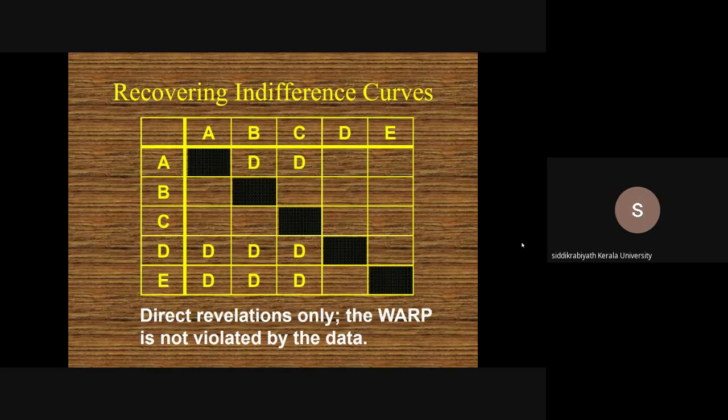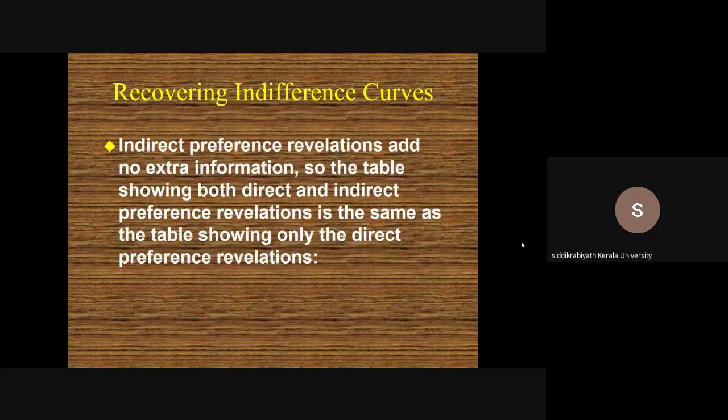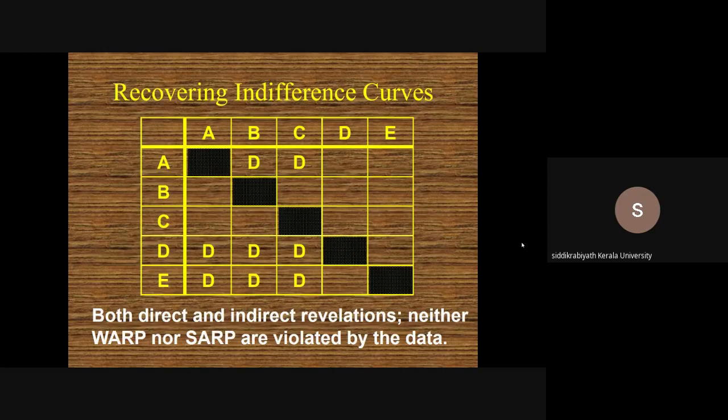That implies that, by direct revelation solely, WARP is not violated by the data. Now, our question is whether that is going to satisfy the indirect revelation also. Okay, so if the indirect preference revelations add no extra information, the table showing both direct and indirect preference revelation is the same as the table showing only the direct preference revelation. Both the direct and indirect revelation do not violate.